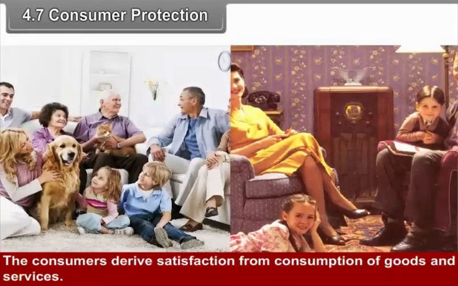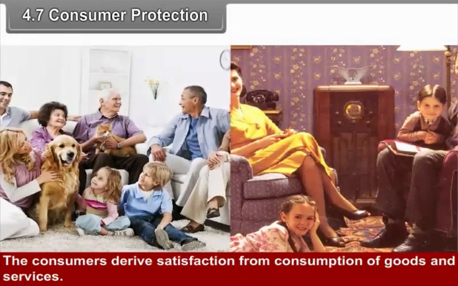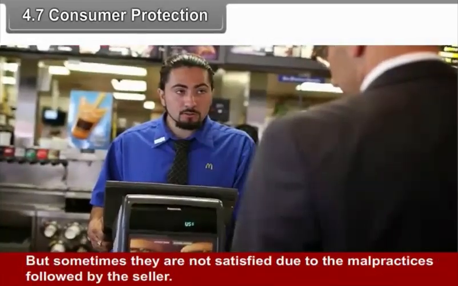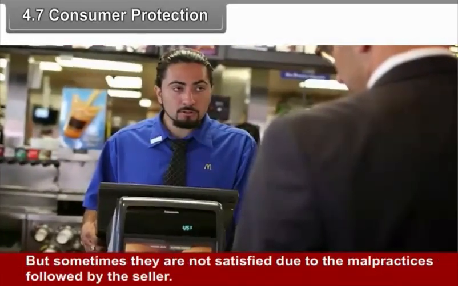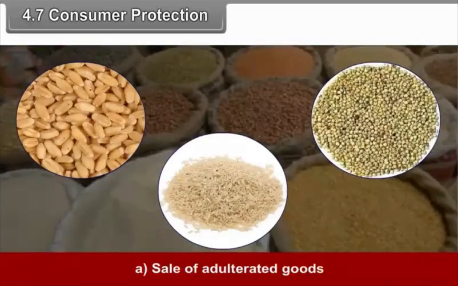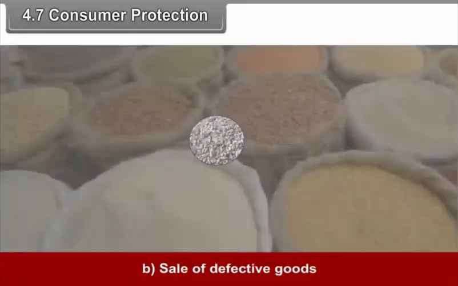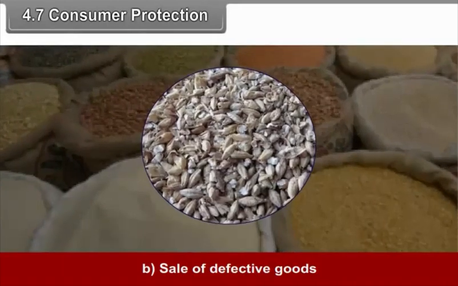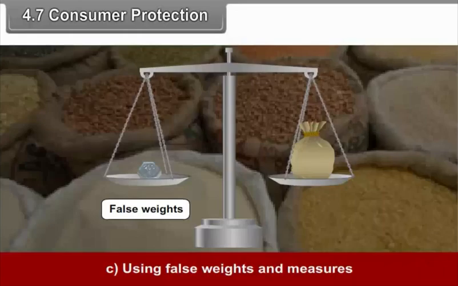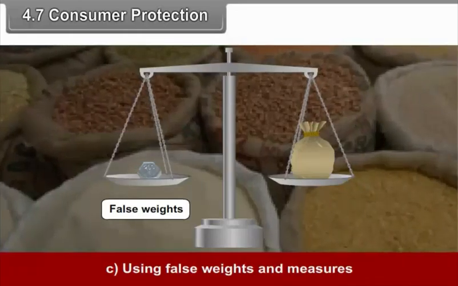The consumer derives satisfaction from consumption of goods and services, but sometimes they are not satisfied due to malpractices followed by the seller. A. Sale of adulterated goods. B. Sale of defective goods. C. Using false weights and measures.